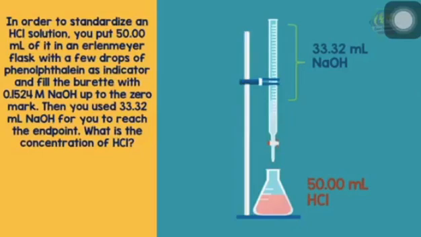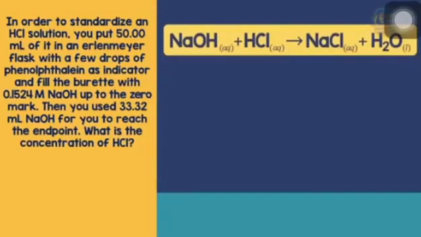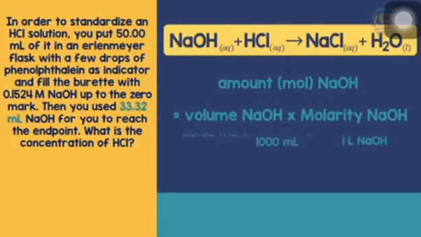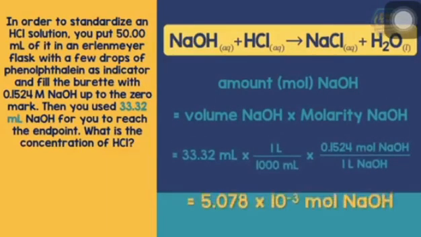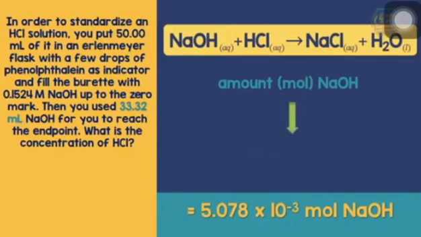First, we need to write the balanced equation. So we have the volume used in titration, which is 33.32 milliliters. We then find the moles of sodium hydroxide. So we have... Then from the balanced equation, we can convert the amount of moles of sodium hydroxide to the amount of moles of HCl.